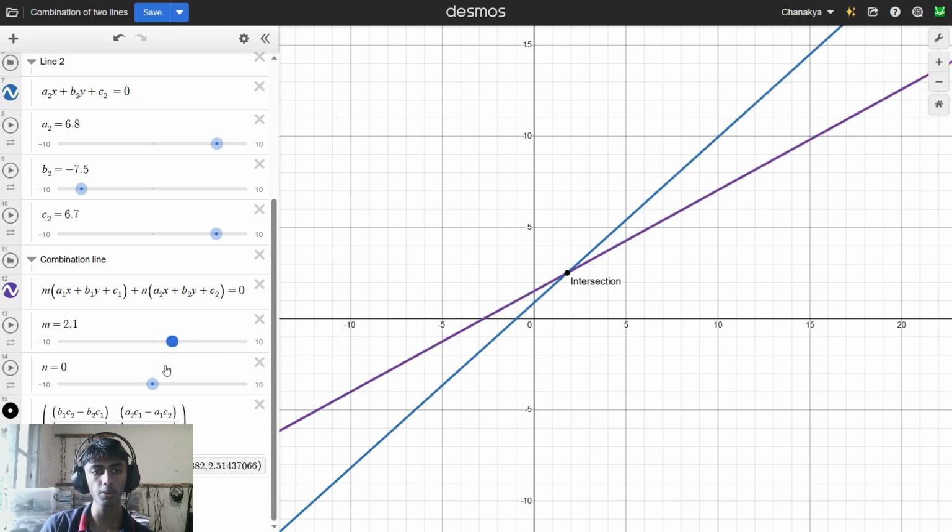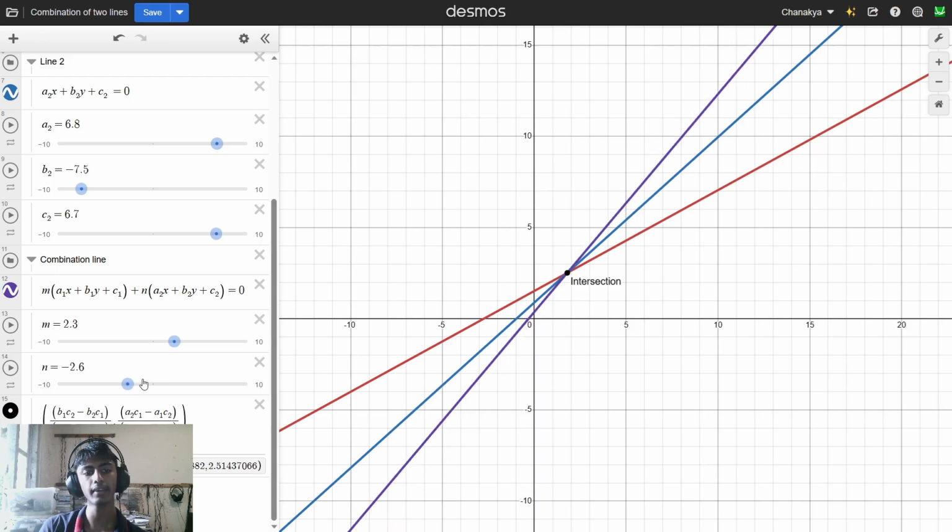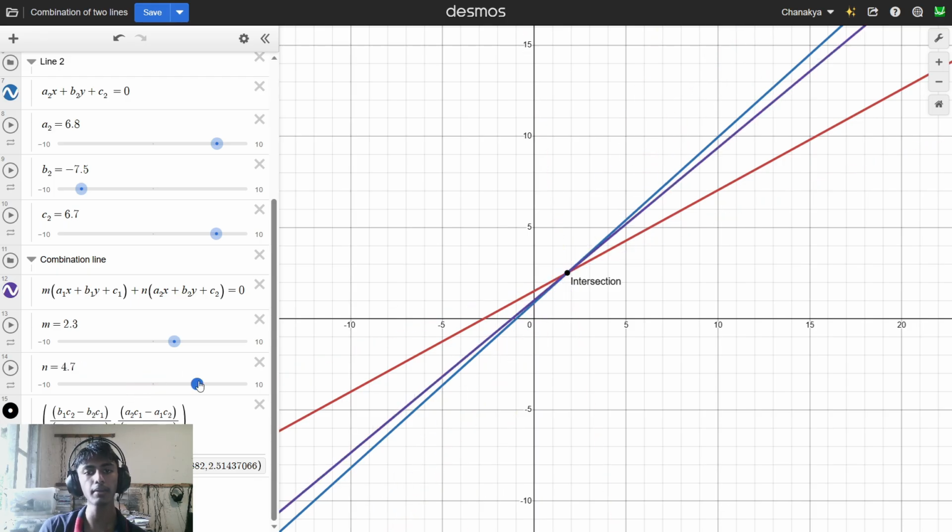If we bring the constants back, we can see we have now the line, the purple line, back again.